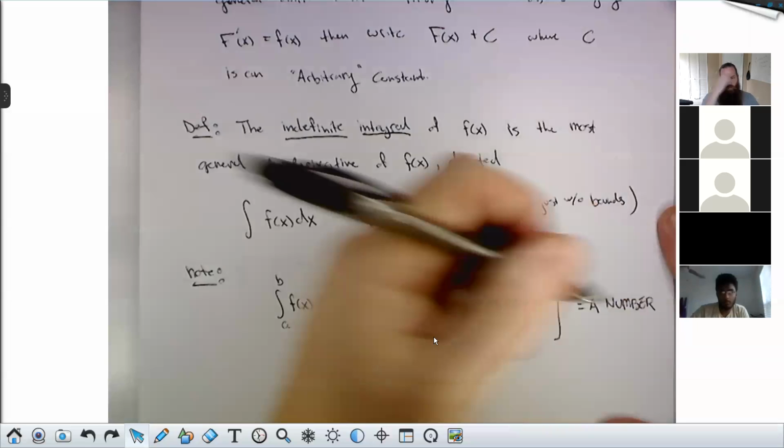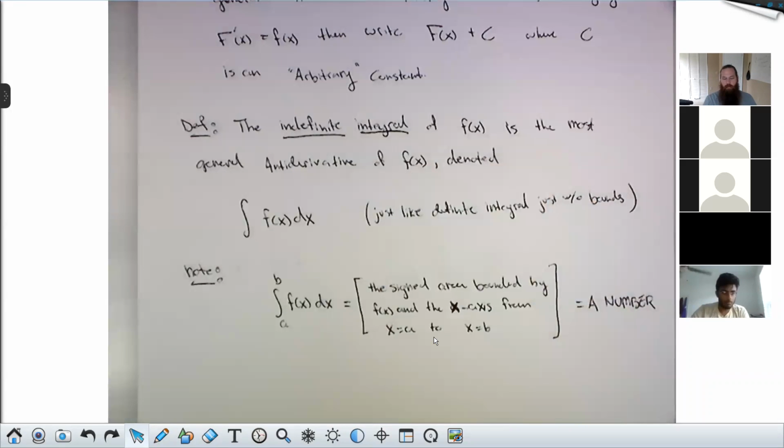You know, the area is 1 or the area is 5. The type of object it is a number. If a and b are constants, actual numbers like 1 and 5 or 0 and 7 or pi and 2 pi, then this thing is a number.